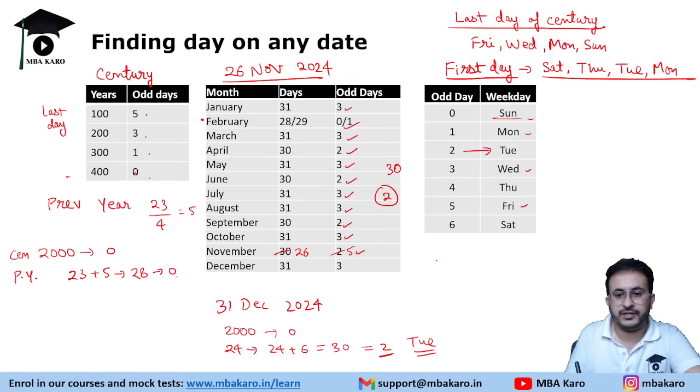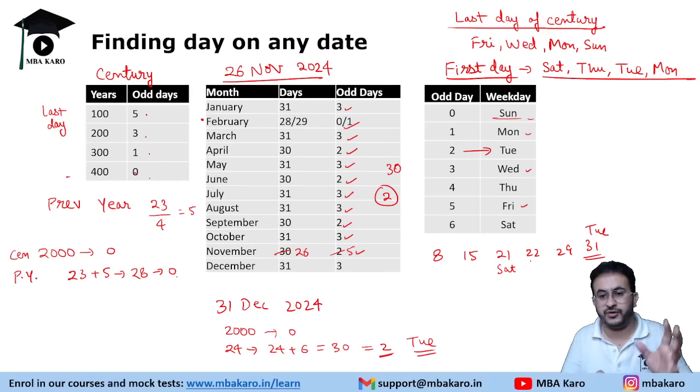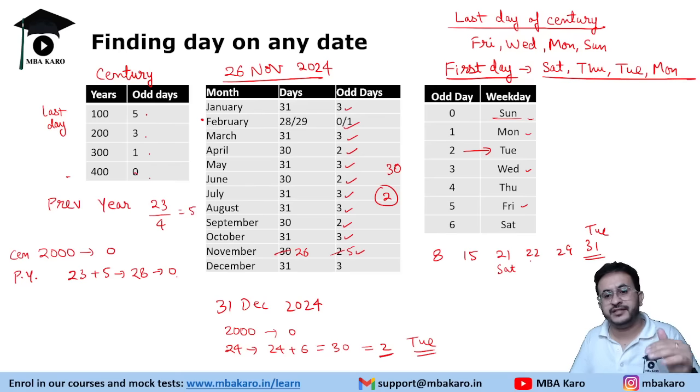Okay, look, your exam is on the 8th, another on the 15th, 21 is Saturday, 22 is Sunday, 29 is Sunday, 31 is Tuesday. You can just check it out. So this is how we can find 31st of December of any year.